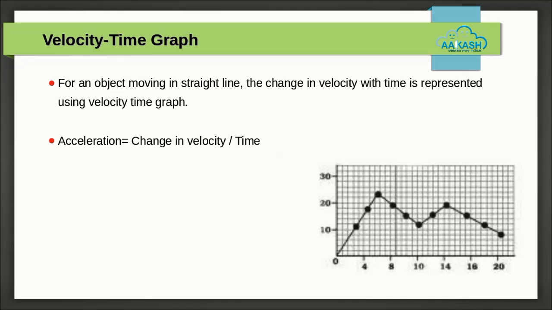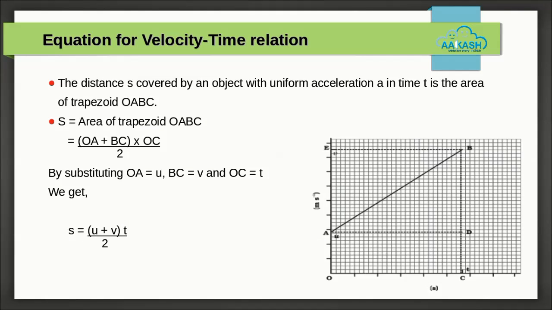Velocity time graph. For an object moving in straight line, the change in velocity with time is represented using velocity time graph. Acceleration is equal to change in velocity divided by time. Equation for velocity time relation.